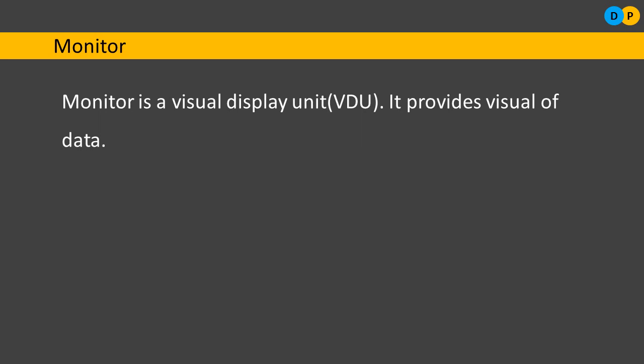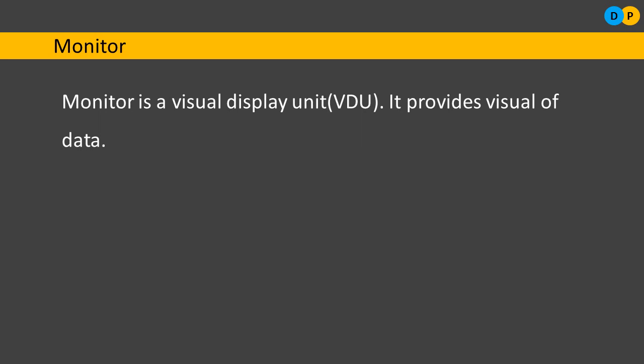The monitor helps us to display both text and graphics images. It is not helping us to display only one sort of output. It is helping us to display both text as well as visual or graphical images.